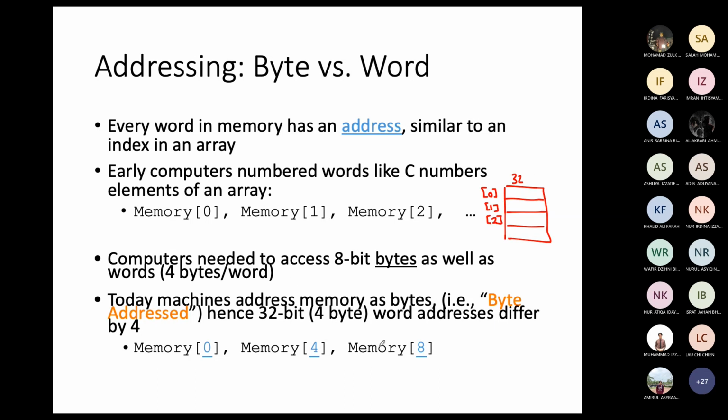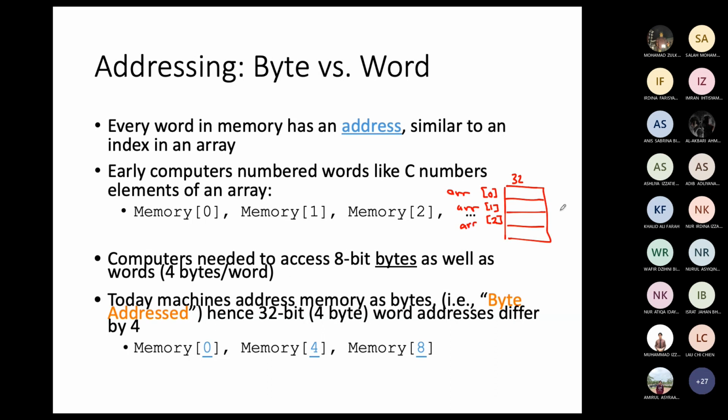Hence, the 32-bit or 4-byte word addresses differ by 4. Let's say for your index you use array 0, array 1, and then array 2.